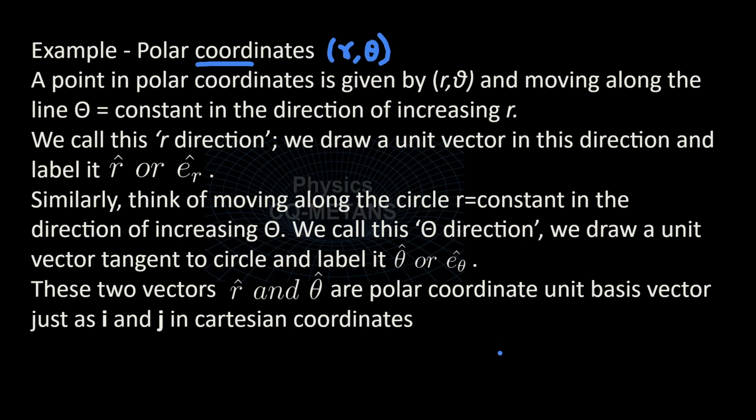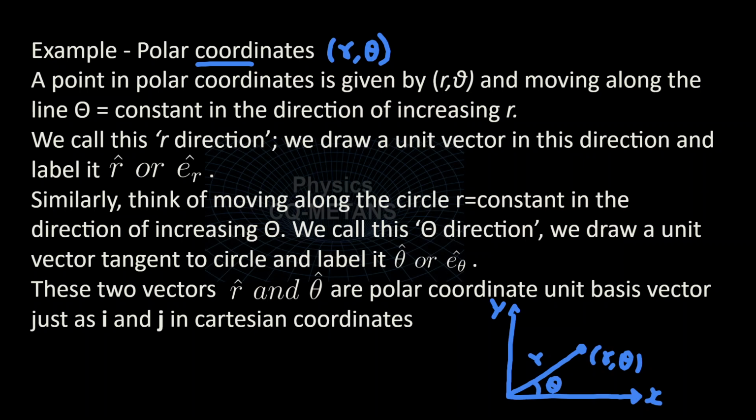If we have this coordinate system with x and y, this is the vector, the position vector r. So this point can be defined as r comma theta, and this vector is at some angle theta.